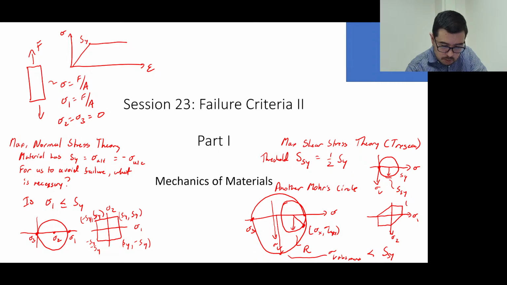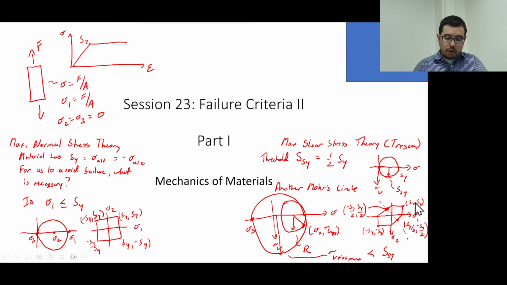But this would be SY, and this would be minus SY down there at this point. Then we have this line which represents pure shear, and it intersects here at minus SY over 2, comma SY over 2. And over here, it intersects at SY over 2, comma minus SY over 2.